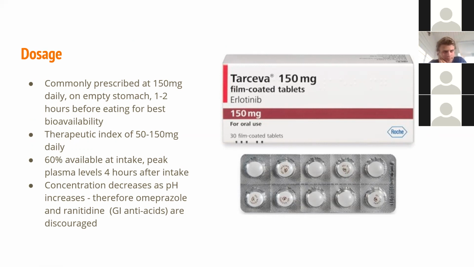As I mentioned before, GI upset is a common adverse reaction. And because concentration decreases as pH increases, a lot of the antacid medications are discouraged, even though they would help the patient.